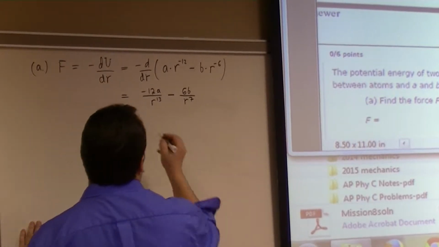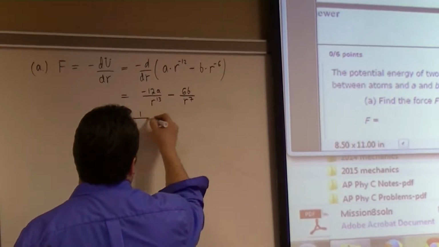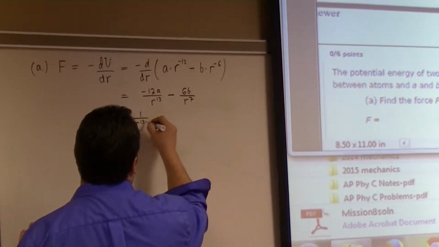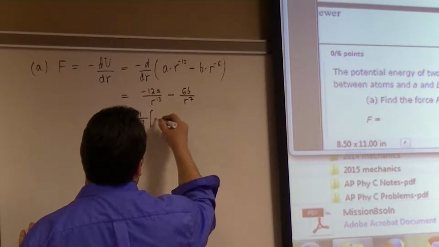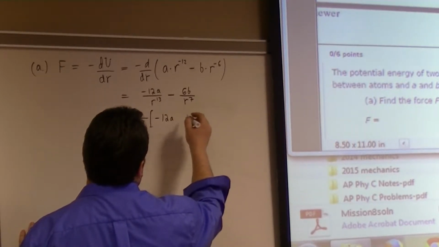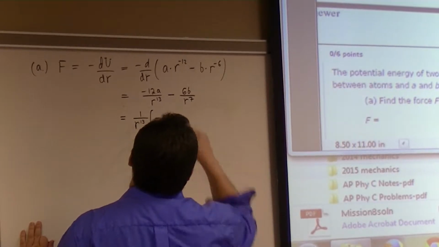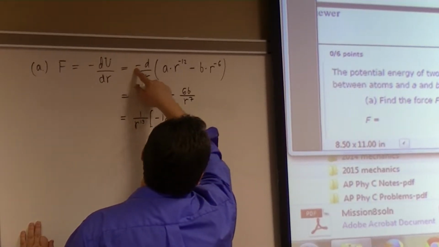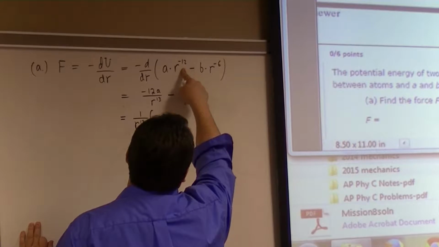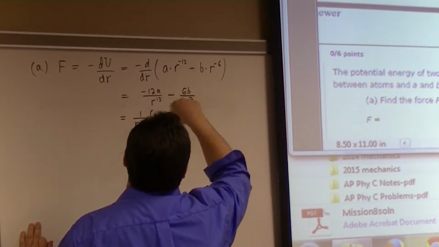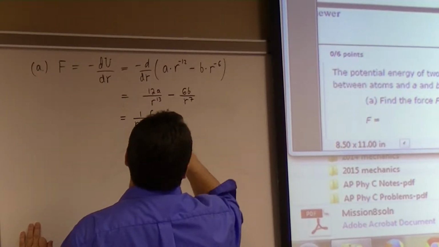So if you look at that, I would factor out an R to the 13th. And then I can look at it this way. That's minus 12A. The 12A should be positive, though, shouldn't it? Well, because there's a negative out in front, so it's just minus. And then minus 12, so it's minus in the derivative. So it should be positive, yeah. Thanks. There we go. Cool.